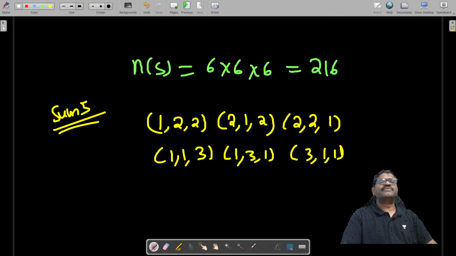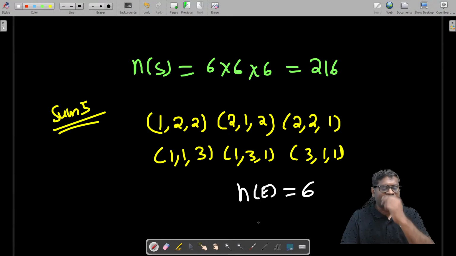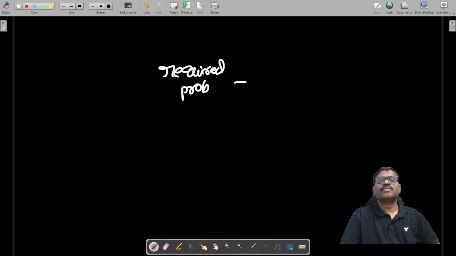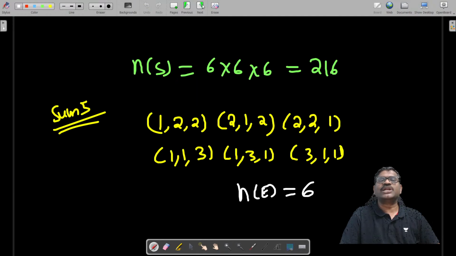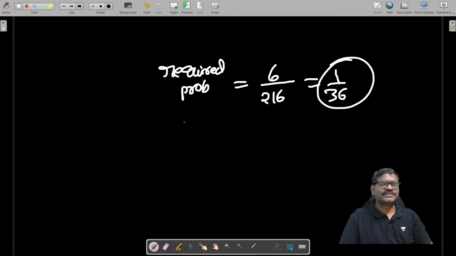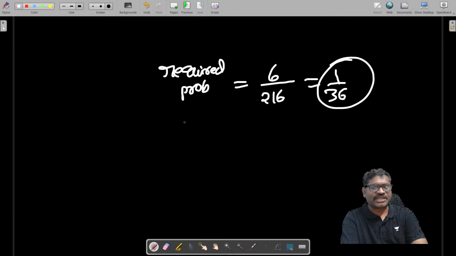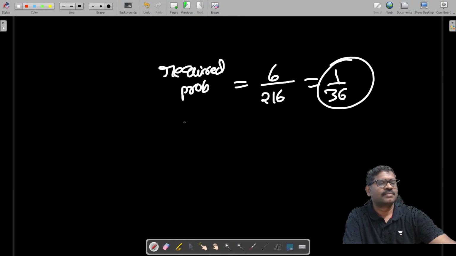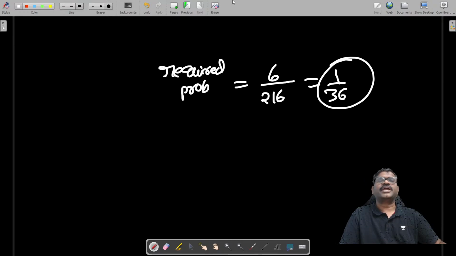No. Number of favorable cases to the event E equal to 6. Therefore, required probability is 6 by 216, which is 1 by 36. Understood? Next problem.